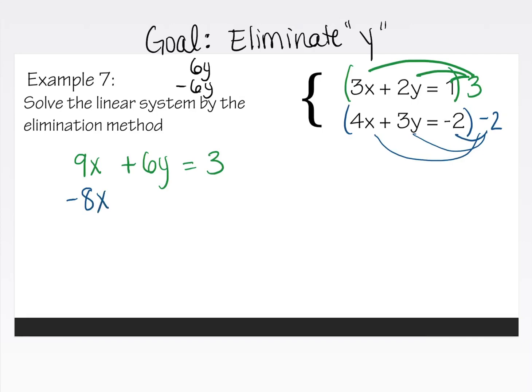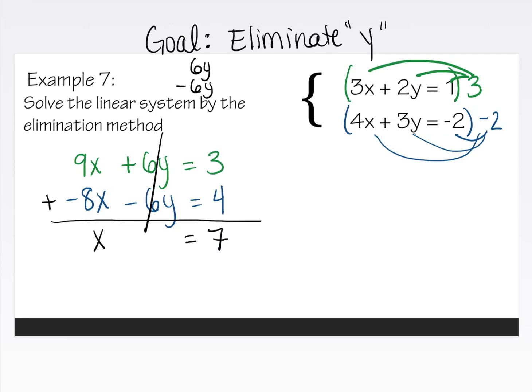Negative 2 times 3y gives me negative 6y. Negative 2 times negative 2 equals positive 4. And again, what I'm doing here is I am adding. So 9x plus a negative 8x gives me just x. Positive 6y plus a negative 6y reduces to 0. And 3 plus 4 gives me 7.